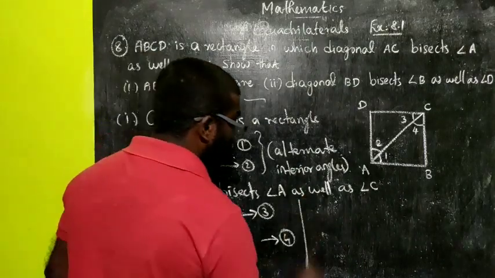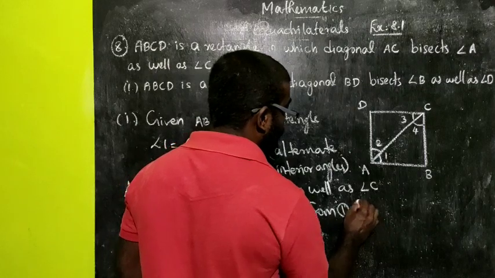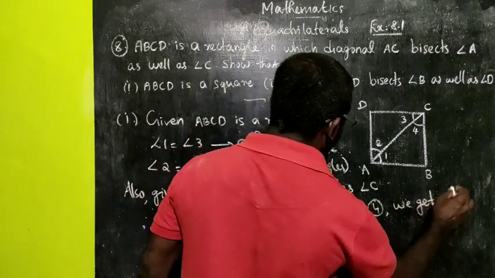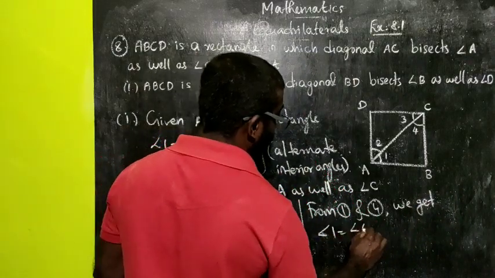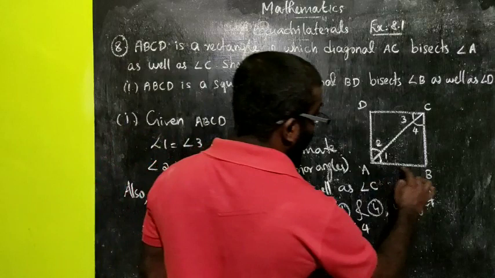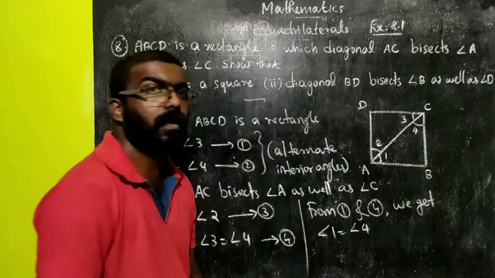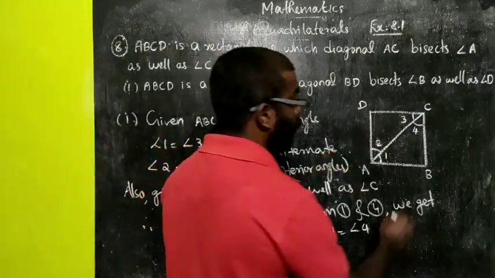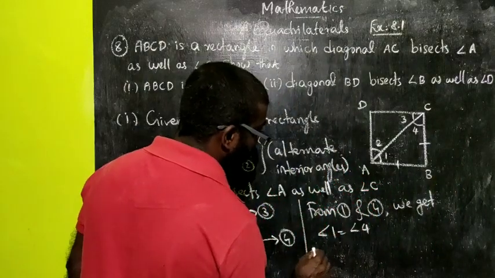So from equation 1 and 4, we get angle 1 is equal to angle 4. So in triangle ABC, angle 1 and angle 4 are equal. So the sides opposite to these two equal angles are equal. That means AB equal to BC.